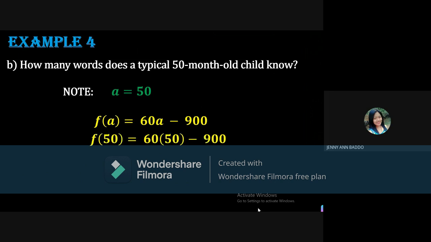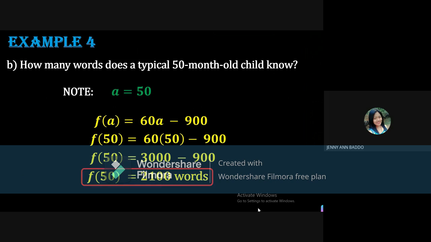So we have f of 50 equals 60 times 50 minus 900. 60 times 50 is 3,000, minus 900 is 2,100. So a typical 50-month-old child knows 2,100 words.